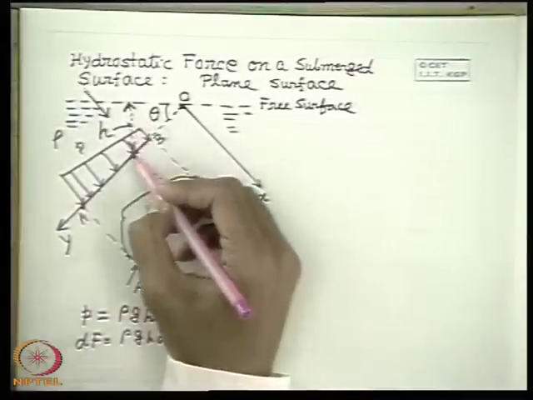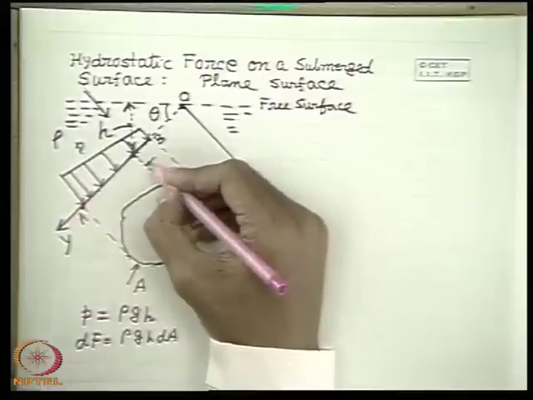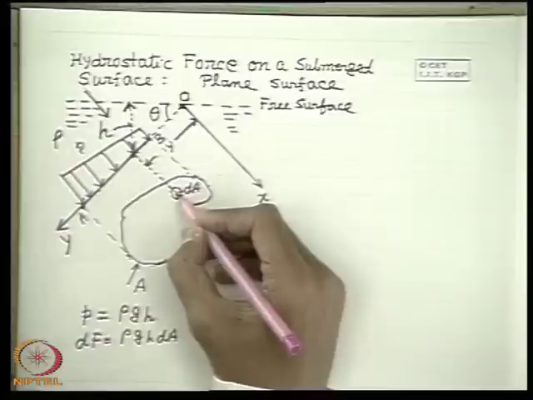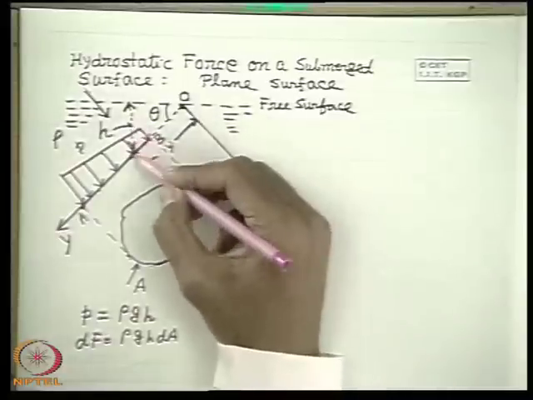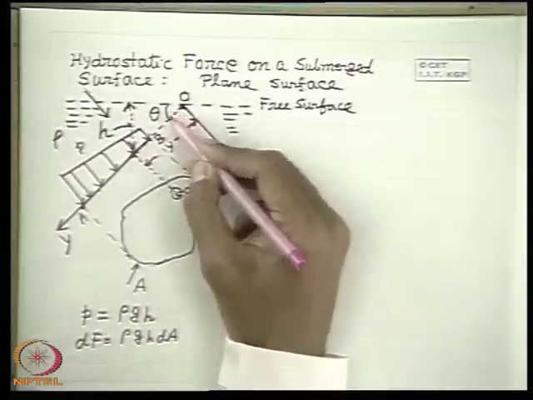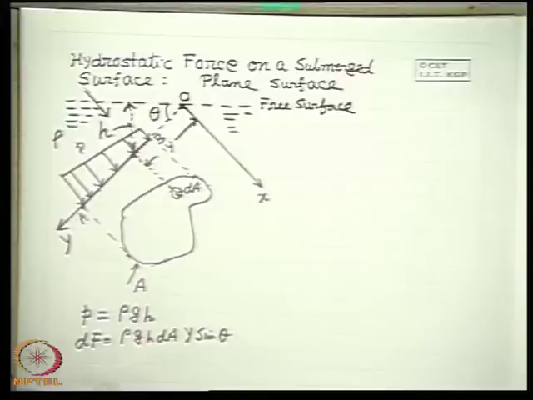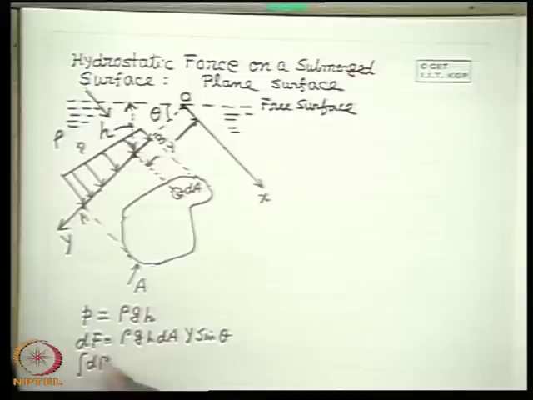And this H, from simple geometry, if I define y as the coordinate of this elemental area from the x axis, will simply be y sin theta. So if we integrate this force over the entire area, that means a double integration over the entire area, now rho is constant, g is constant, sin theta is constant.